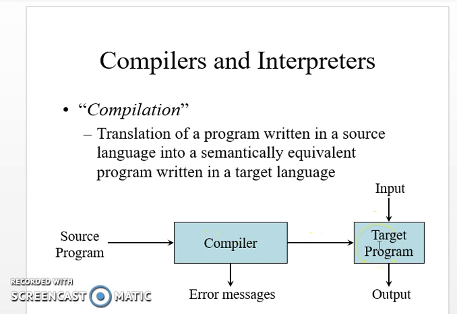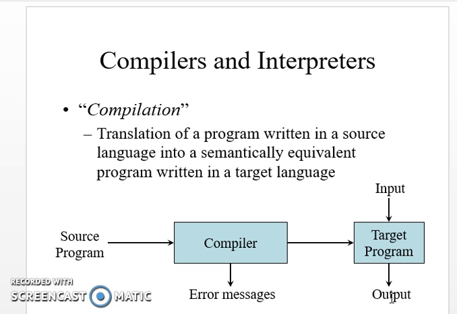While generating the target program, if it identifies any errors, it sends error messages. After generating the target code, this target code is executed by the user by giving the inputs, and he gets the outputs. This is the main functioning of the compiler.